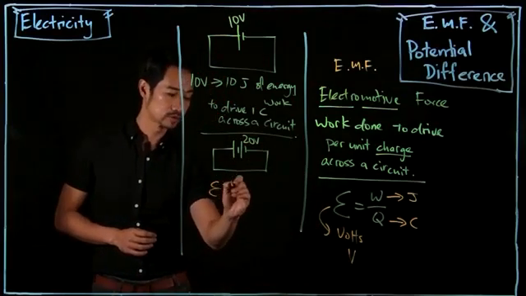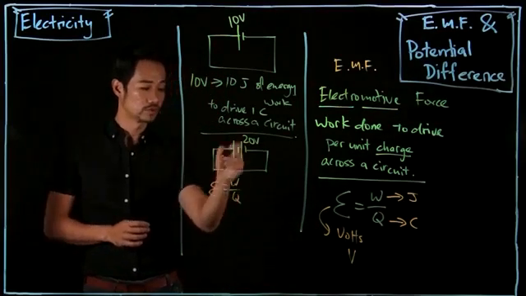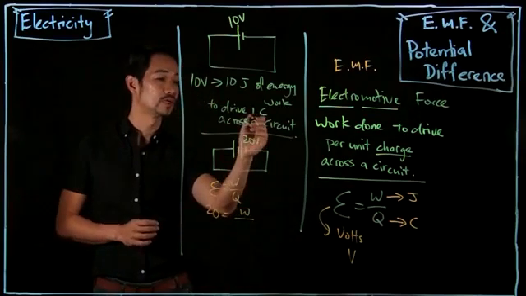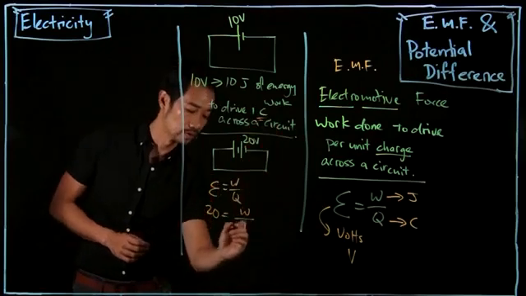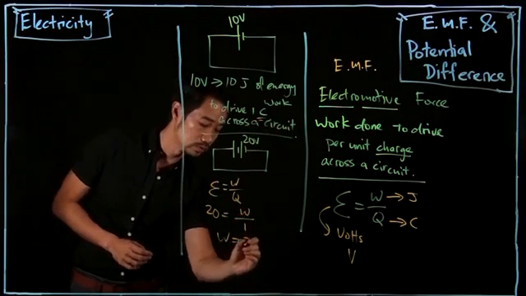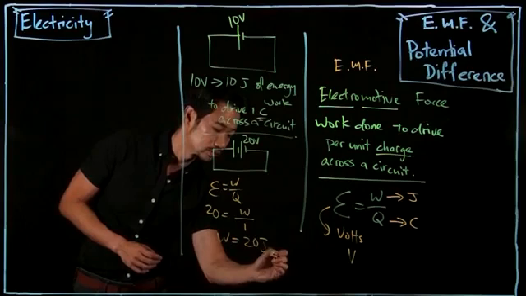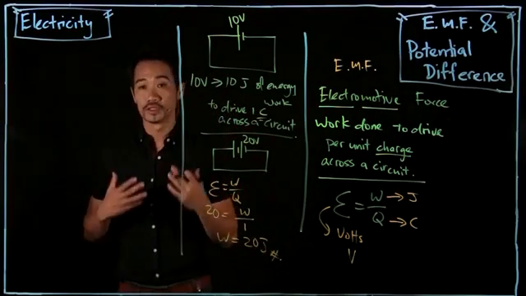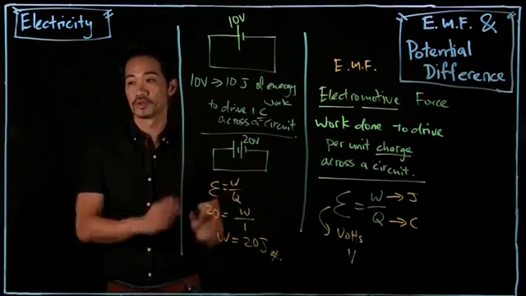E is equal to W over Q. If E is 20, W is what we want to find, Q per unit charge is 1. So W is equal to 20 joules. So how much work is done to drive a charge across? 20 joules. I hope you get that.